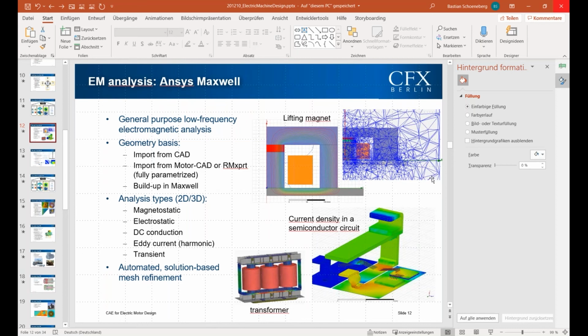And where this error is high, the mesh will be refined by a user-given refinement factor in each step. And so we have multiple passes that are performed one after another, and in every pass we have a mesh that is refined. And this process goes on until we have a mesh-independent solution. So I hope that answered your question.